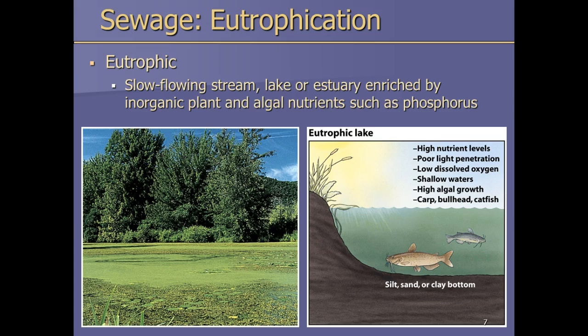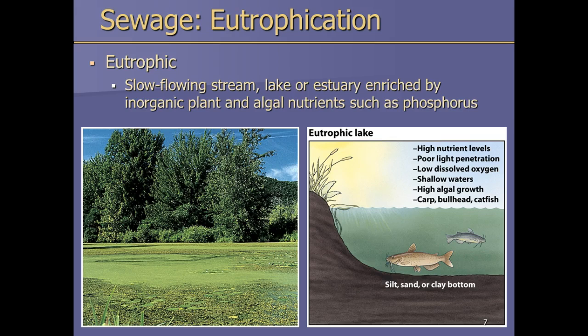A eutrophic lake looks like this. No, you're not looking at a golf course over on the left-hand side of the screen. That is a lake, and it's covered with algae. When excessive nutrients get into a water ecosystem, the algae will bloom or grow very rapidly because there's plenty of fertilizer.